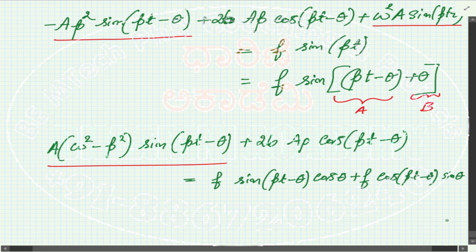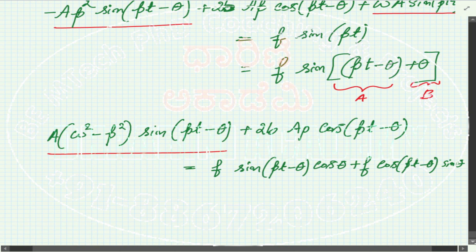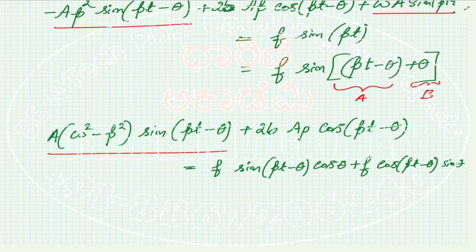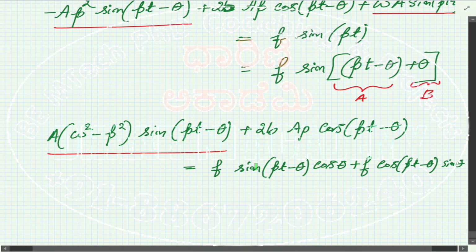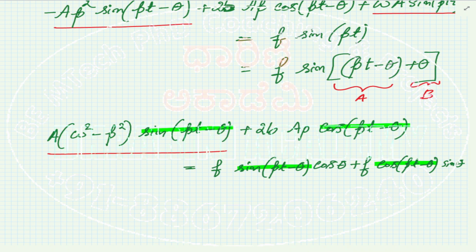All right, so we got an equation which almost matches on both the sides. I can see that the terms are actually matching: sine of pt minus theta and sine of pt minus theta, and cos of pt minus theta is here too. So the remaining terms I can equate.